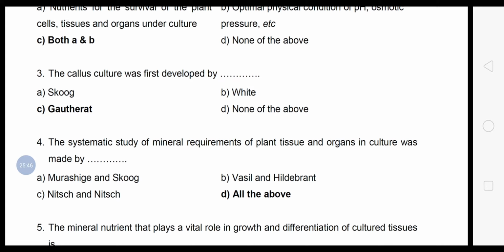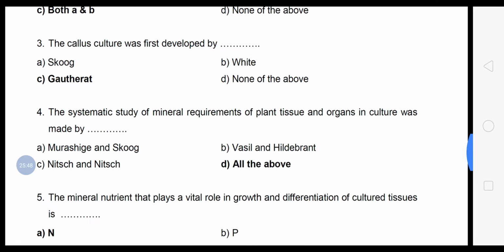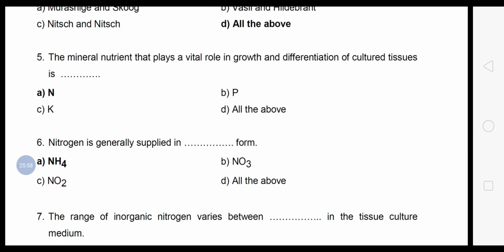Systematic study of mineral requirements of plant tissues and organs in culture was made by Murashige and Skoog, Vasil and Hildebrandt, and Nitsch and Nitsch.